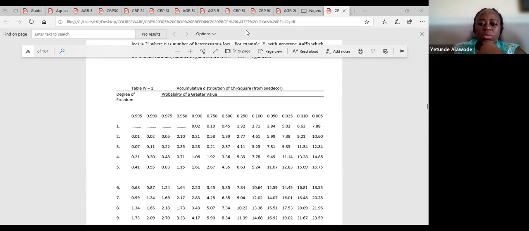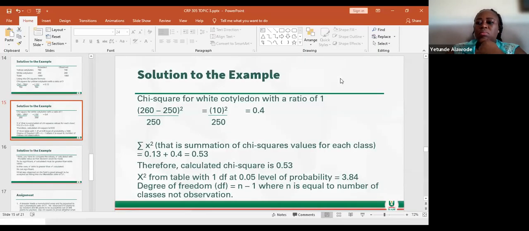Degree of freedom at 0.05 level of probability. The level of probability that we usually use in agric is 0.05.